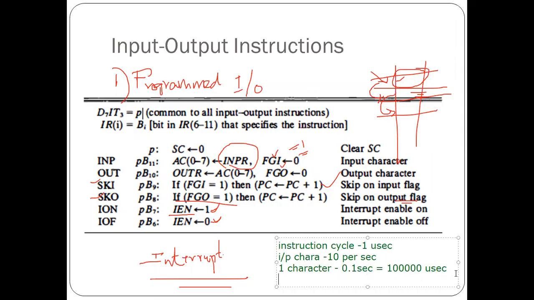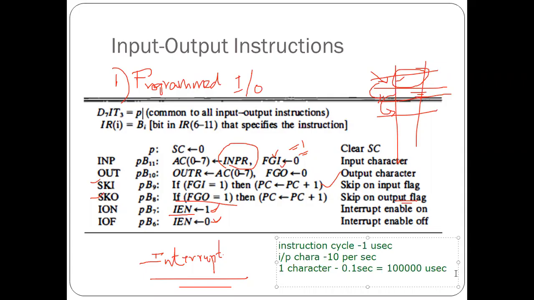For input activity, you have to execute two instructions. The computer has to check the flag bit, and based on that it has to transfer the information. Checking the flag bit is one instruction, and transferring the contents of the input register to the accumulator is another instruction. Every time it has to execute two instructions.